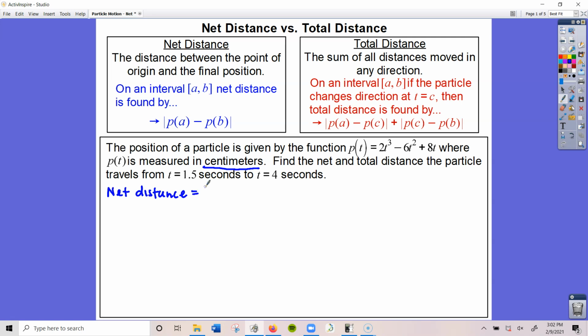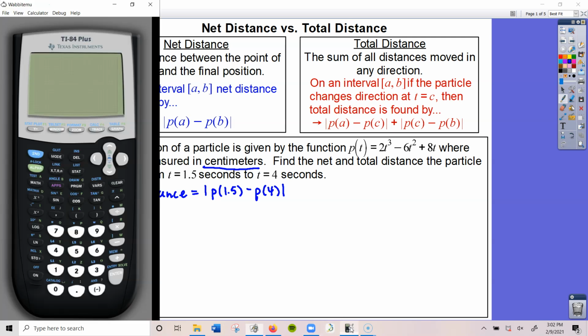Net distance is the absolute value of the position at the starting point minus the position at the ending point. So let's go to the calculator to do this math for us. I'm going to graph my function: 2x to the third minus 6x squared plus 8x.